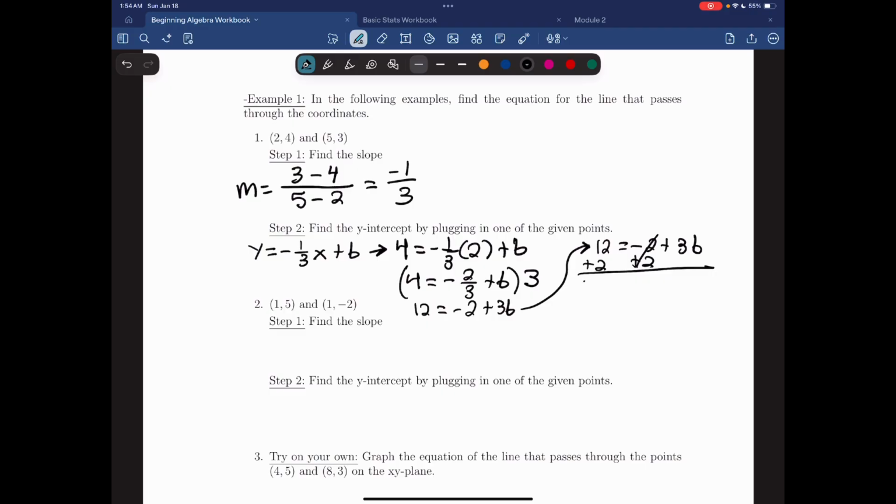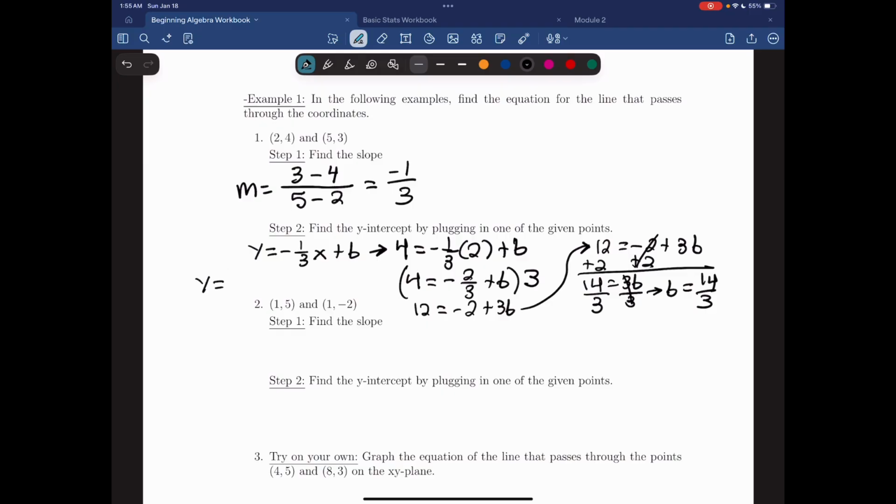So we get 14 equals 3b. And then our last step to solve for b is divide by 3 on both sides, and we get b equals 14/3.